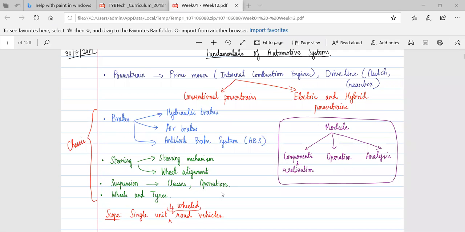So if we want a very fast response, then normally we go for pneumatic systems. If we need a slow response, then we normally go for hydraulic brakes.